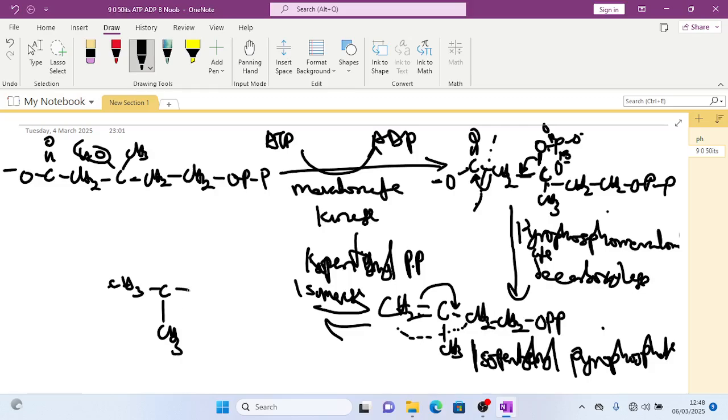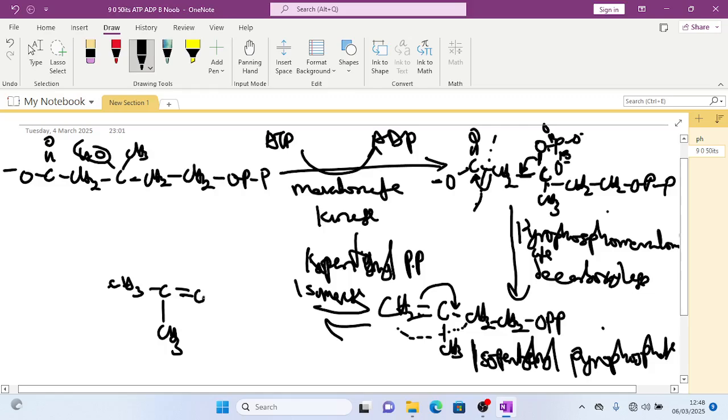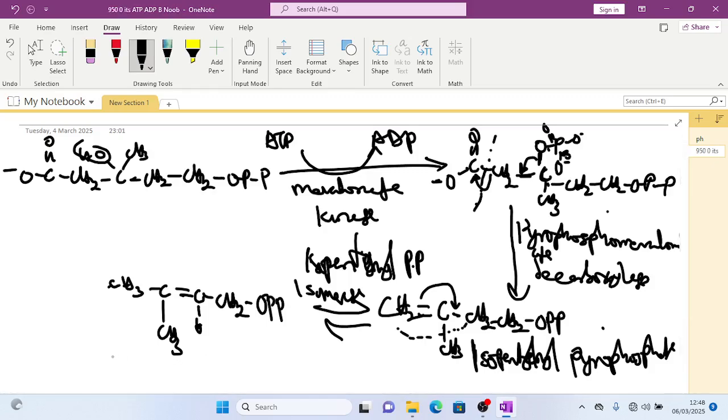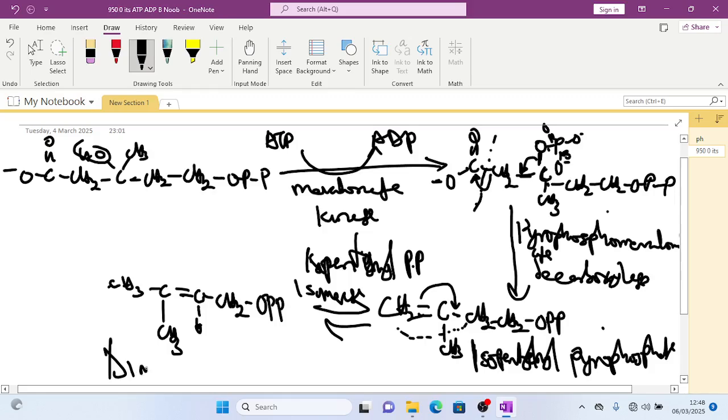Now we have the double bond, CH2, then OPP. So what do we call this? We call this compound dimethylallyl pyrophosphate.